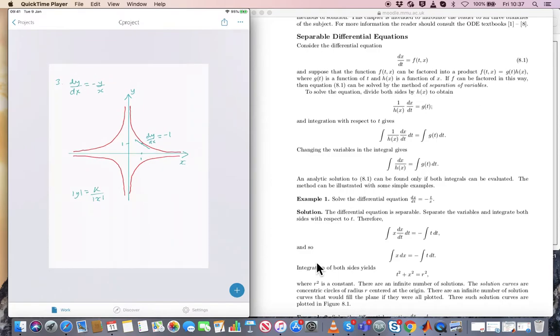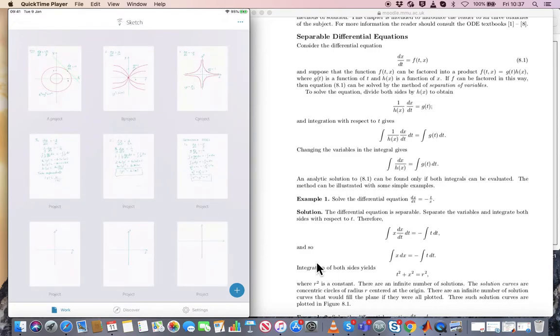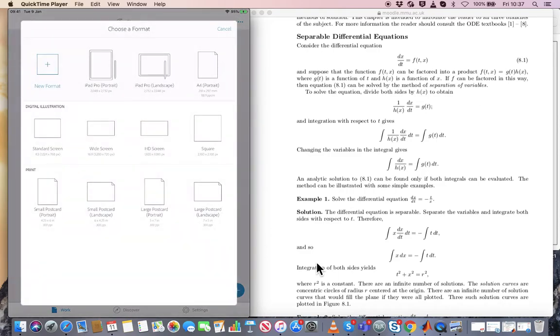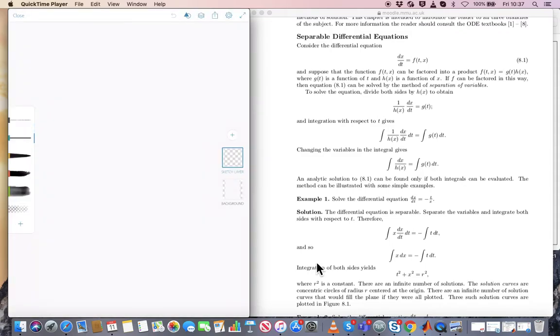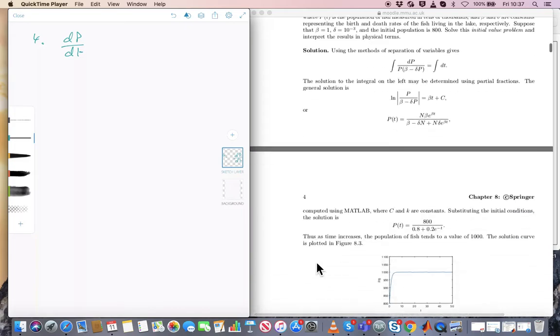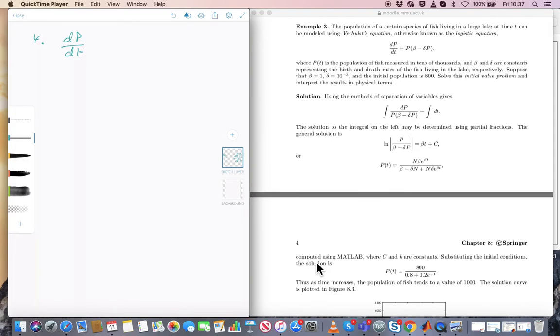Our final example is a population model. So here is a separable differential equation, and this is in the notes.